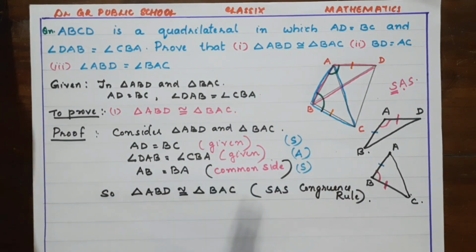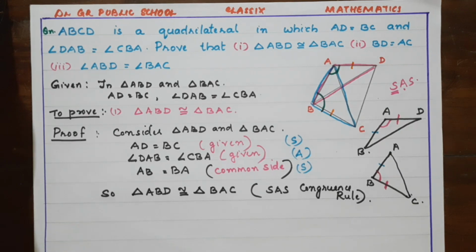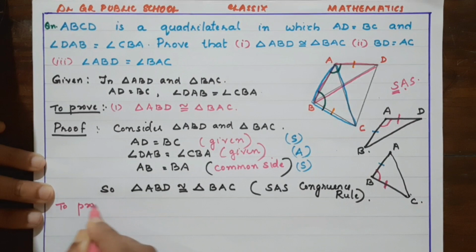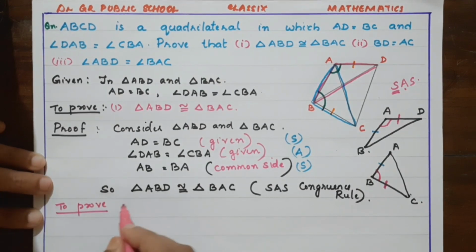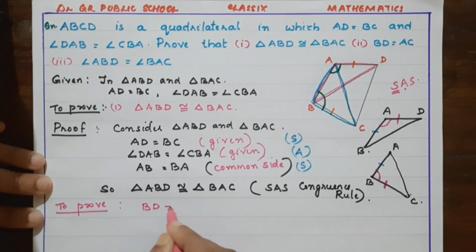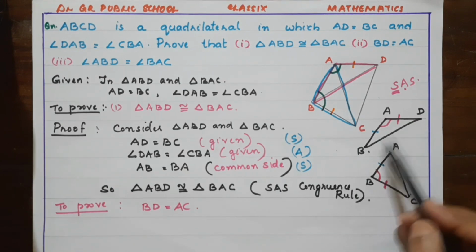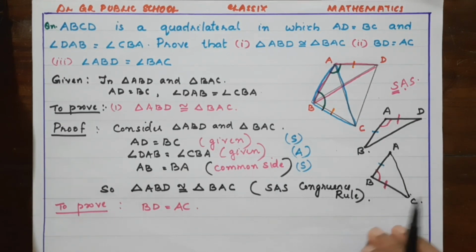Now what is to be proved as the second one? The second one to prove is BD equal to AC. Can we say BD equal to AC?